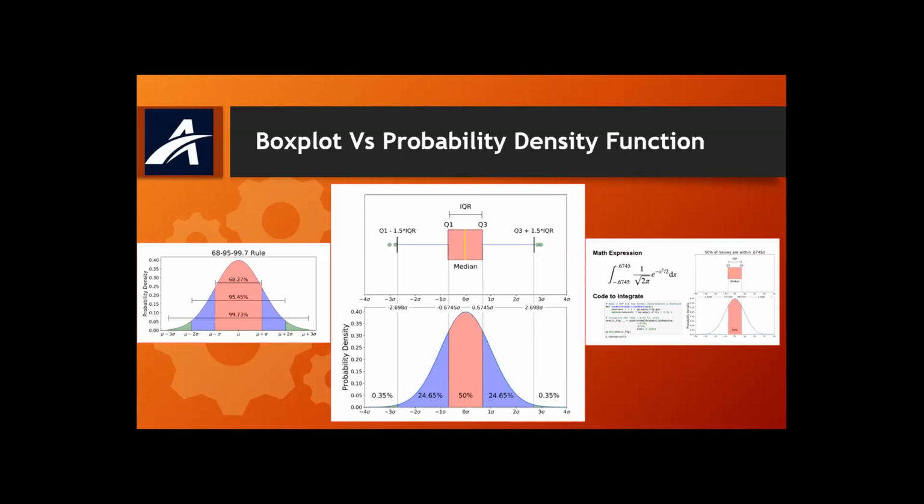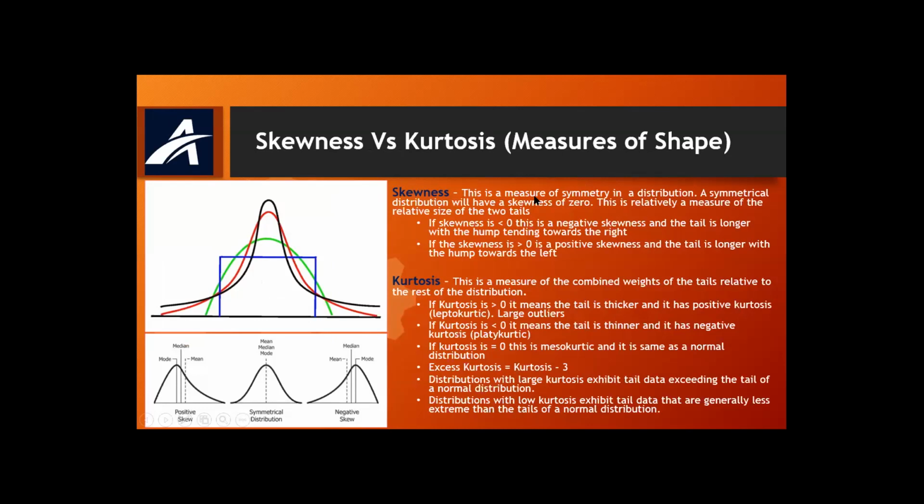All right. So we had reached the box plot and probability density function. Based on the slide, I have spoken about skewness, and now we're going to talk about kurtosis.